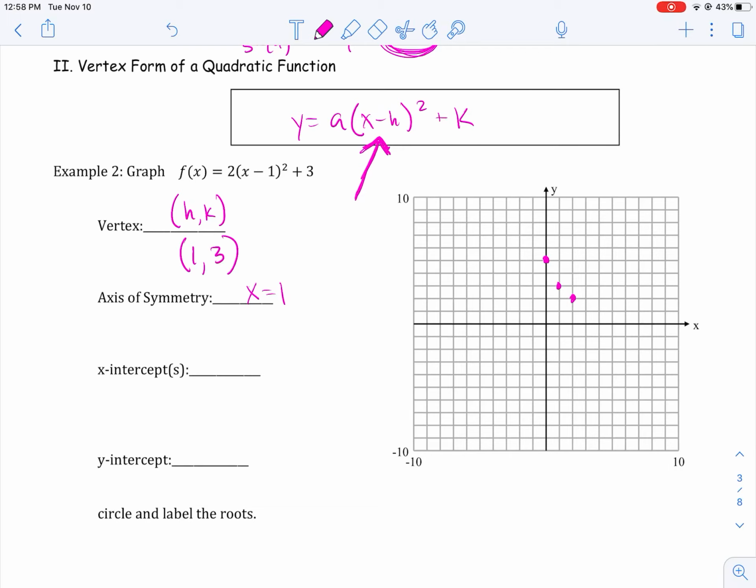What in the world? Well, that's not right. Hold on a second. Oh, right. Oh, I had it backwards. I'm sorry, 0 is 3... 2 is 5. Whoops, there we go. 3 is 11. So it's going to be up here somewhere, and our graph is going to look something like this.